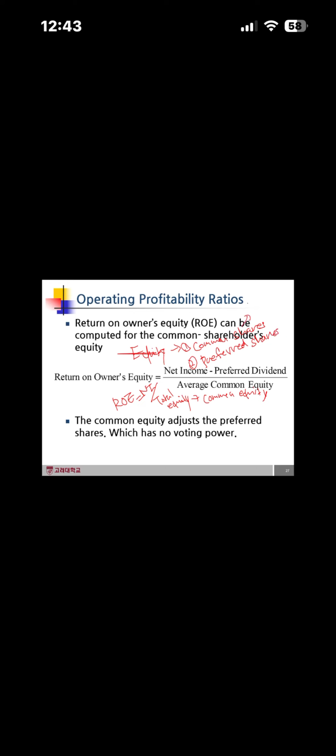These common shares have voting rights. So the holder of common shares is a firm's owner because they have the voting right. But these preferred shares, they don't have voting rights.